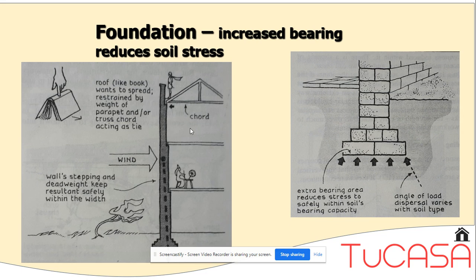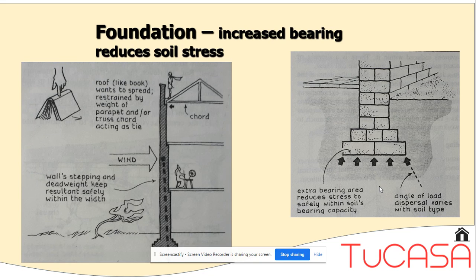So in this second illustration here, the foundation is a sort of solid brick foundation resting on ground. It's a very old type of foundation, and as it states, the extra bearing area reduces the stress safely to within the capacity of the soil, because different soils have different abilities to support different loads.